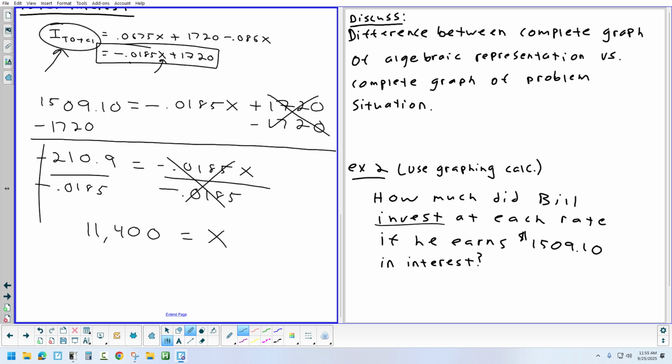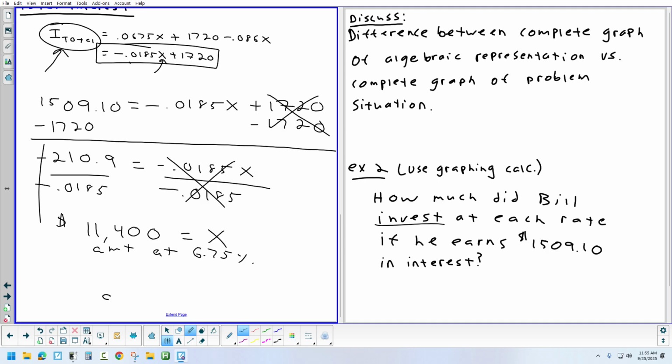We have to be a little more specific. Which was the what percentage? Yeah, the 6.75. So this is the amount invested at 6.75%.